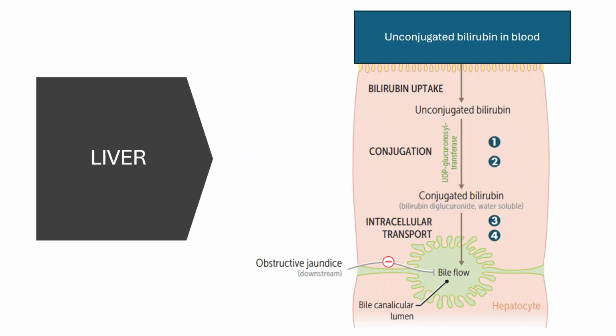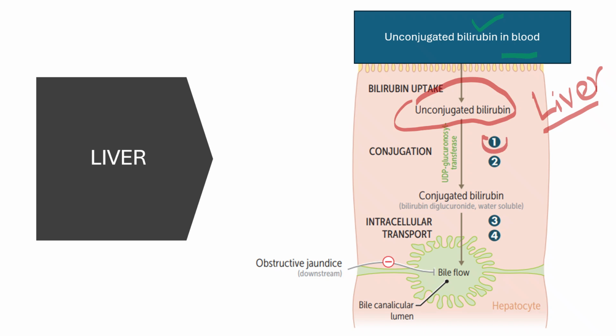Again, this is a repetition of the previous concept. Unconjugated bilirubin in the blood goes into the liver. These are the liver cells. The liver conjugates this unconjugated bilirubin. Here are the two hereditary hyperbilirubinemias.